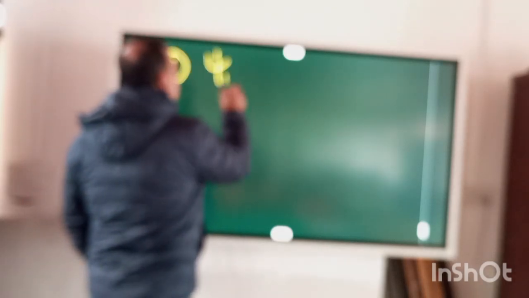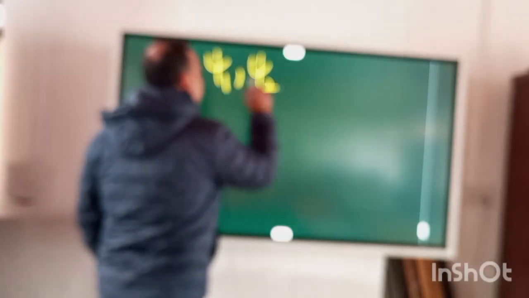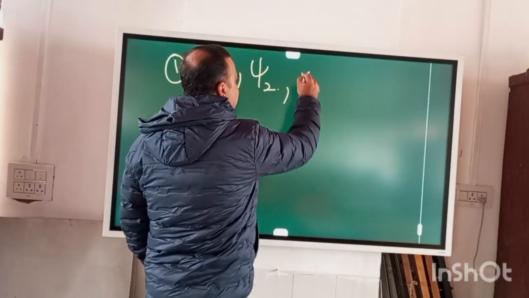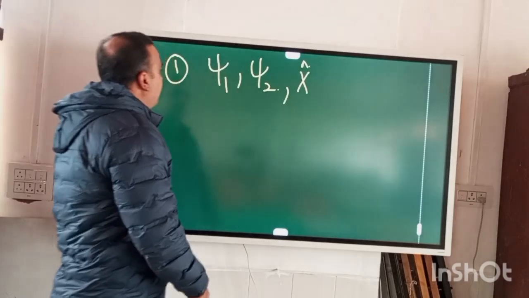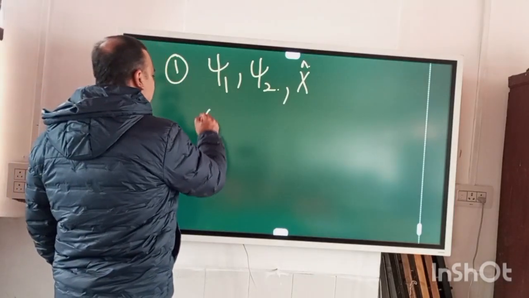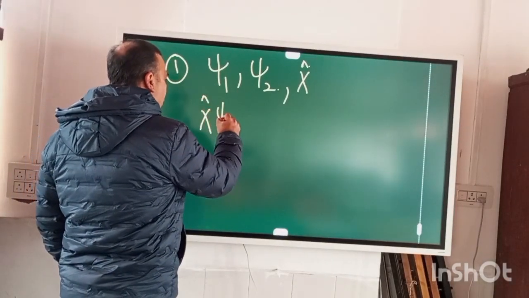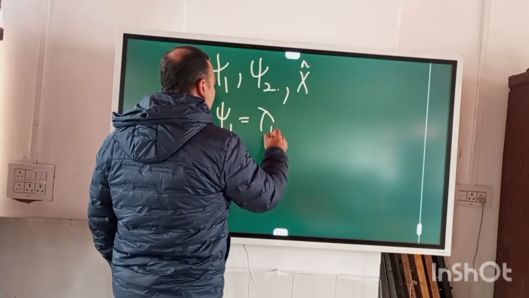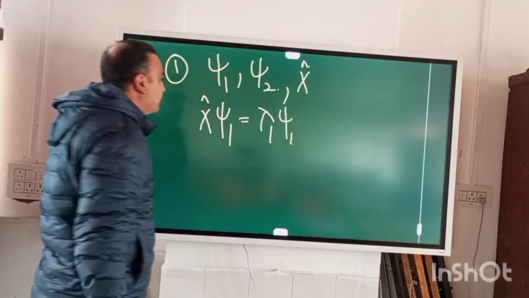To start with, if we have two wave functions, psi1 and psi2, and we have an operator, say x cap, and if this operator acts on psi1, I get, say, lambda 1 psi1.